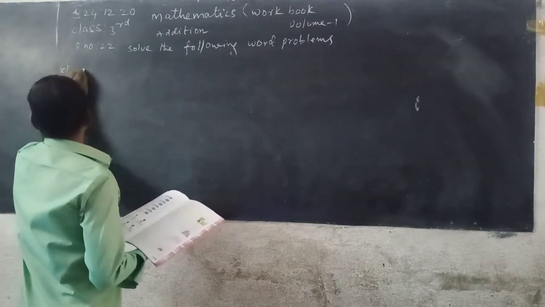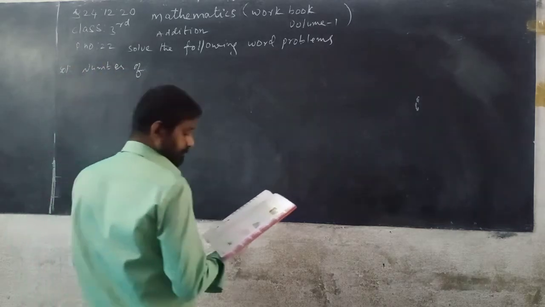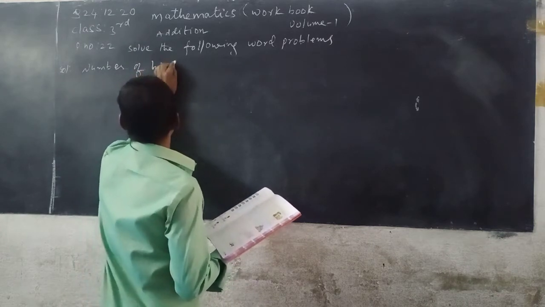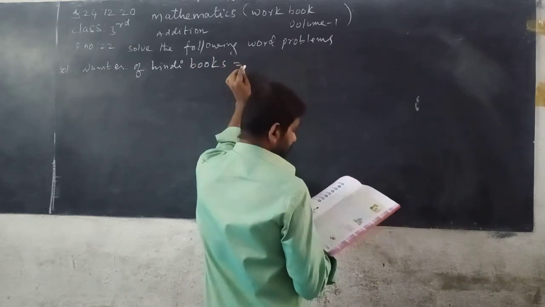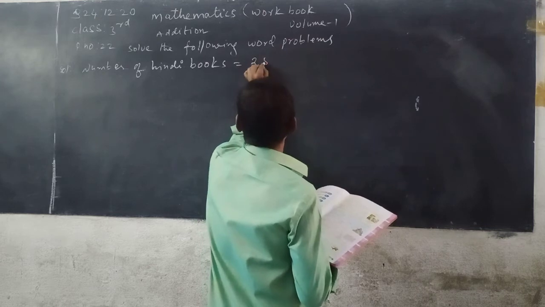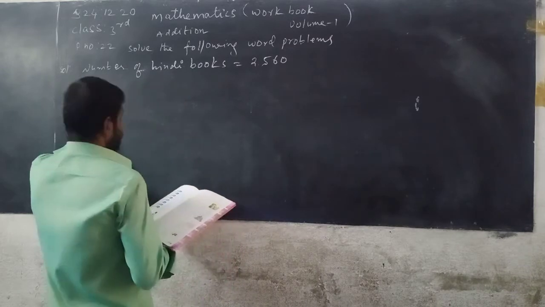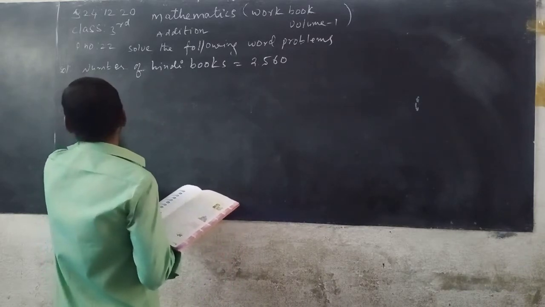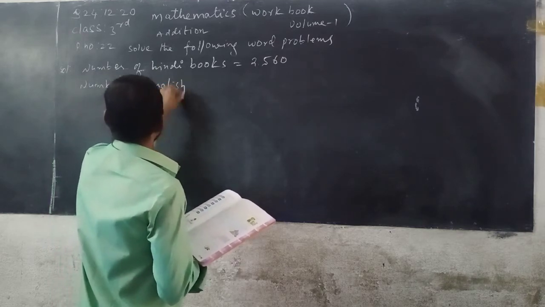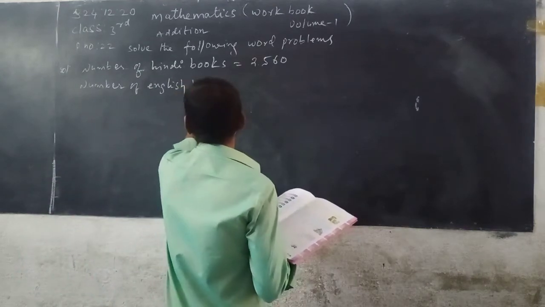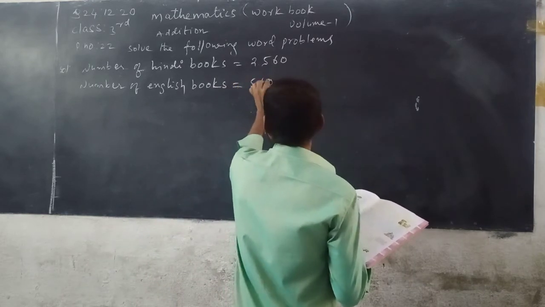Solution. Number of Hindi books, 2560. Number of English books, 5400.